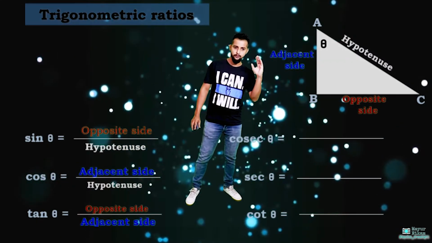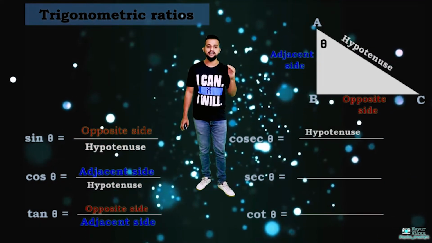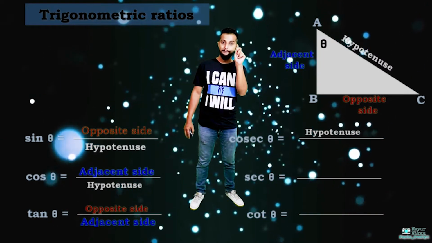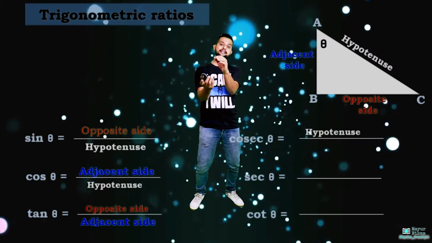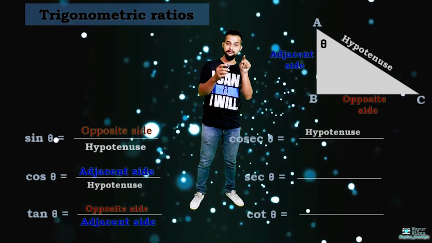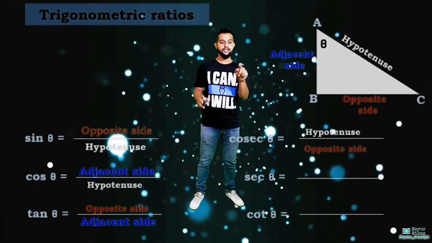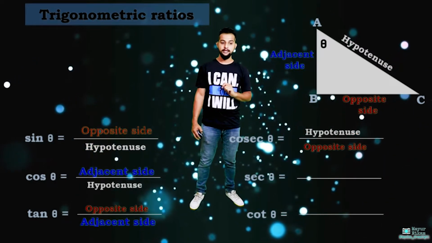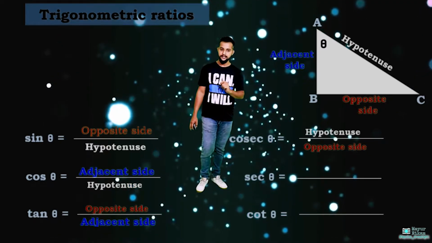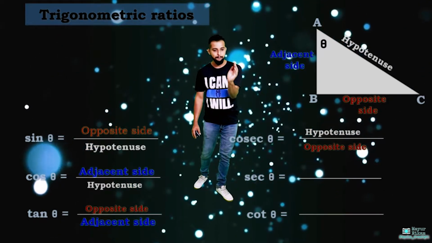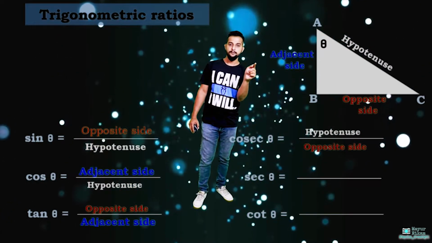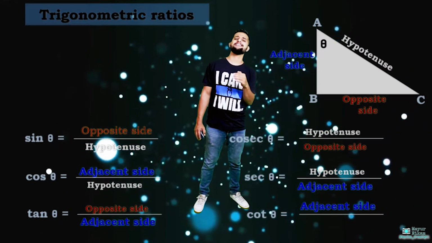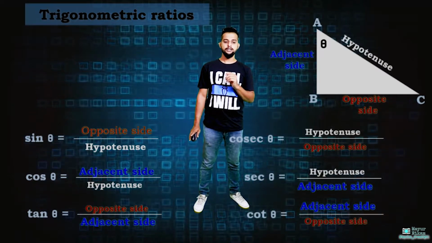We'll discuss later what exactly the relation between tan, sine and cos is. Cosec I place exactly opposite of sine, so sine and cosec, which is hypotenuse upon opposite side. Right? Same way I replace the sec and the cos, so we have hypotenuse upon adjacent, and the same thing applies for the cot.